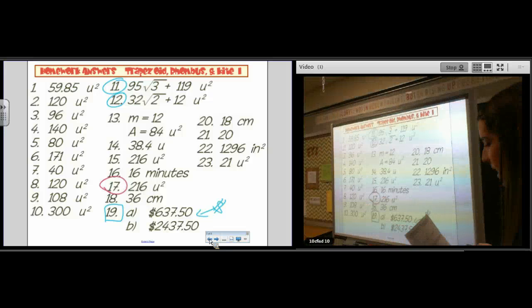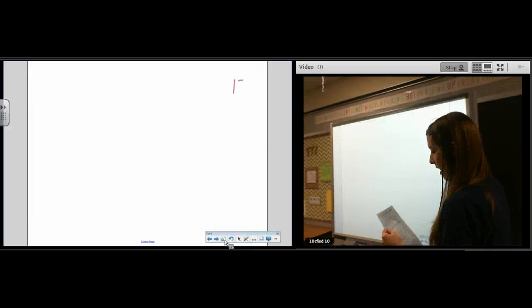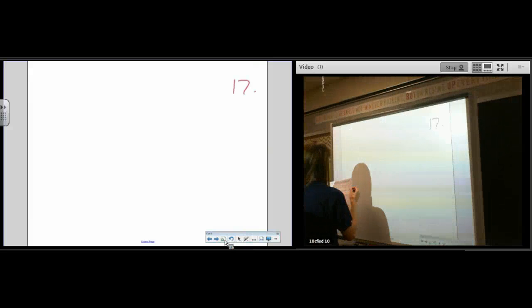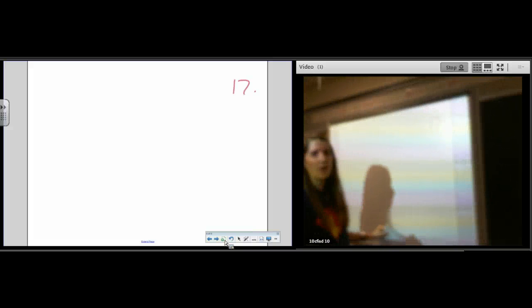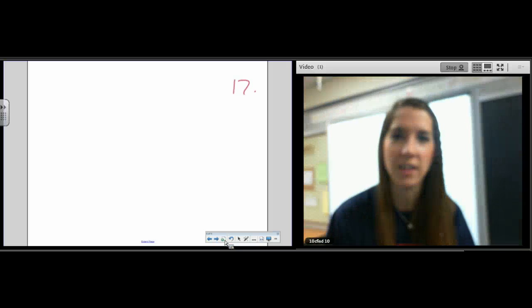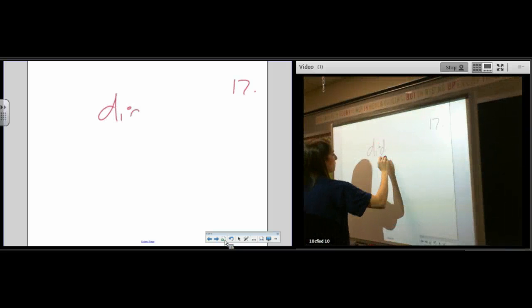Let's look at 17. The lengths of the diagonals of a rhombus are 24 and 18. Find its area. Oh, gosh. I'm not even going to draw a picture. Because what's the area formula for a rhombus?